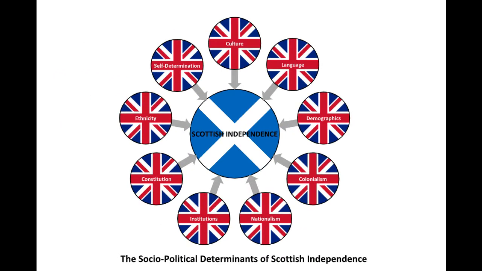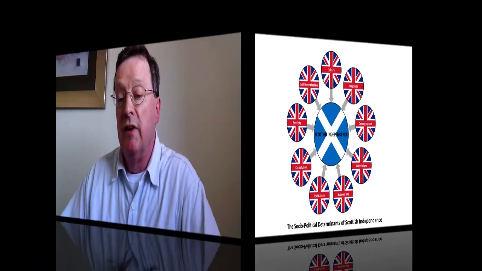So that's the framework, the political determinants of Scottish independence. These are all the key factors determining Scotland either maintaining its status within the UK alliance or achieving independence. And within the framework, it shows there are pressures for and against this.